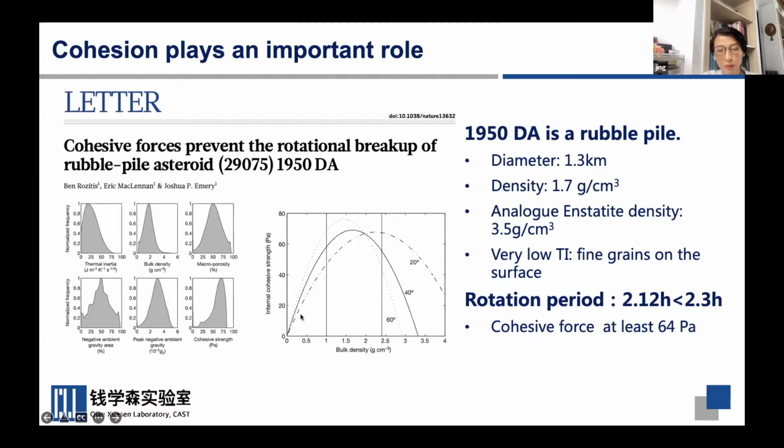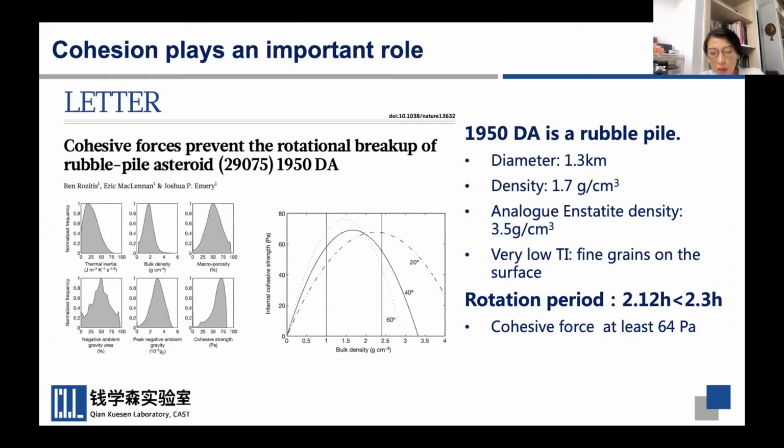So it must have some cohesion force. Using simulation, we can get 64 Pascal cohesion force. It's in a reasonable range. It further indicates that even on the left of the spin barrier, with cohesion force, a rubble pile can still exist.